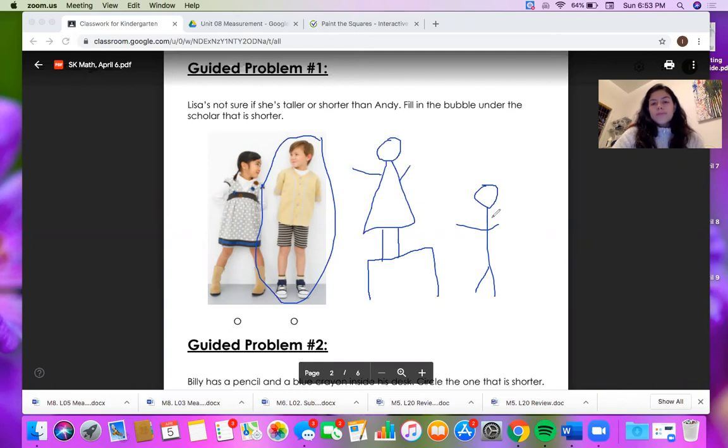Who is taller? I'll repeat the question. If this little girl is standing on a bench and this boy is standing on the ground, who's taller? What do you think?